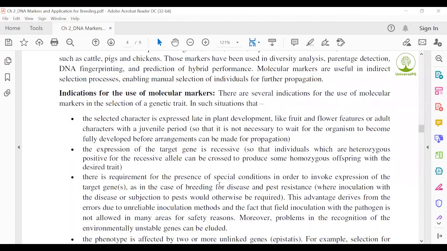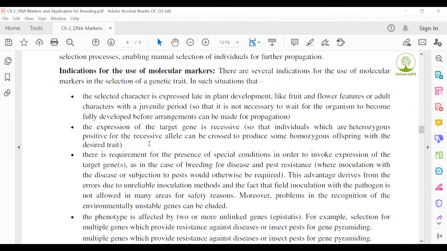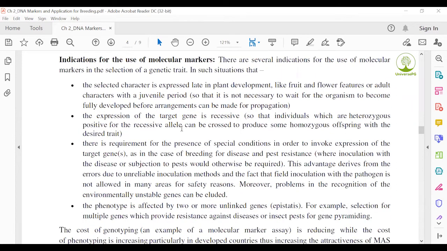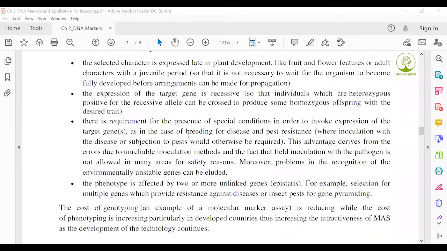Next, indications for the use of molecular markers. How many indications follow for the use of molecular markers? First, the selected character is expressed late in plant development, like fruit and flower features, or adult characters with a juvenile period. Next, the expression of the target gene is recessive.